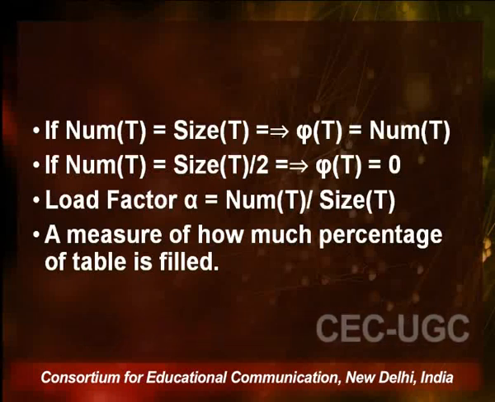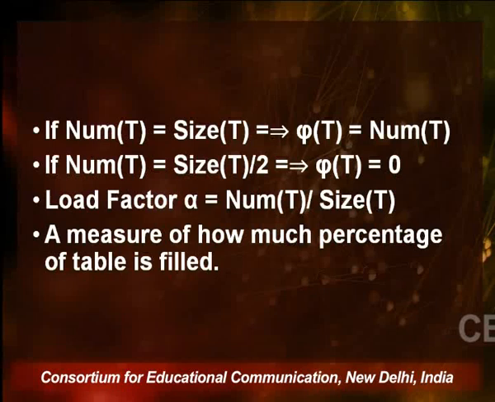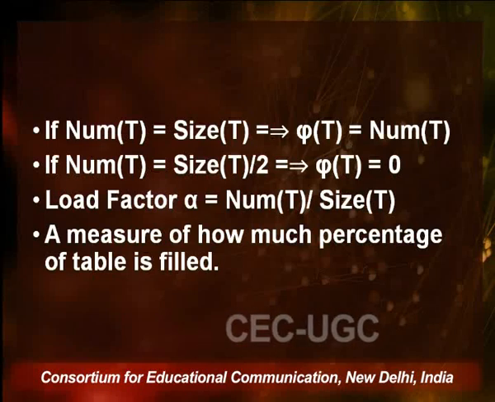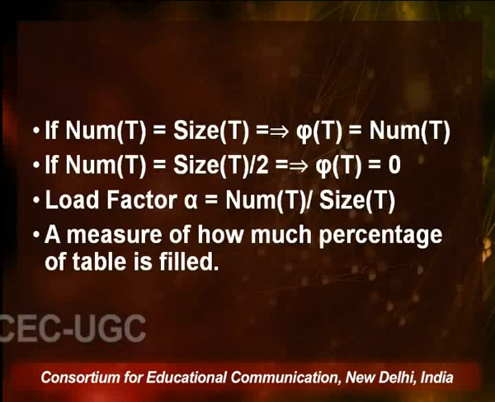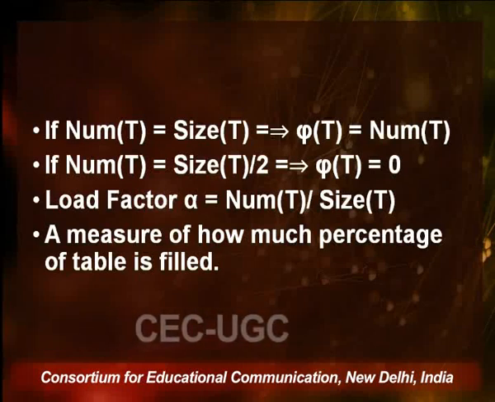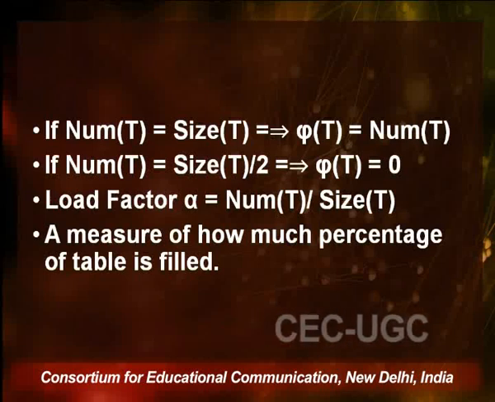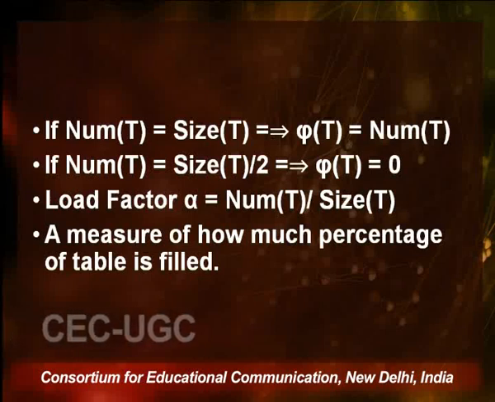And here, whenever my num t is equal to size of t, please assume when my table is full, then in that case phi t is equal to num t, because phi t is equal to twice of num t minus size of t.